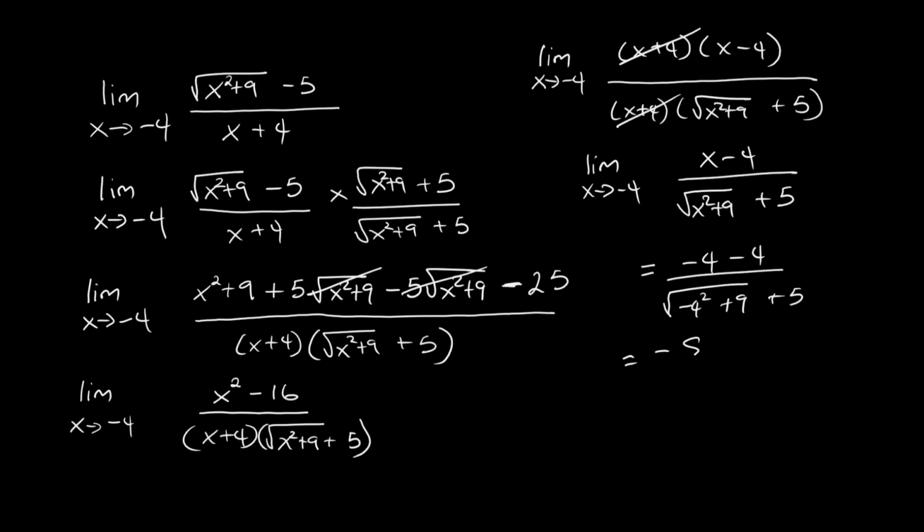This then becomes -8 divided by the square root of 25 plus 5. This becomes -8 divided by 10. And so our final answer is -4/5. And that would be our limit for this problem.